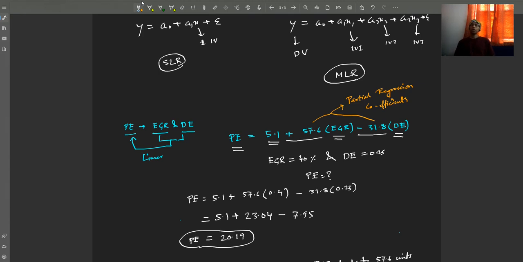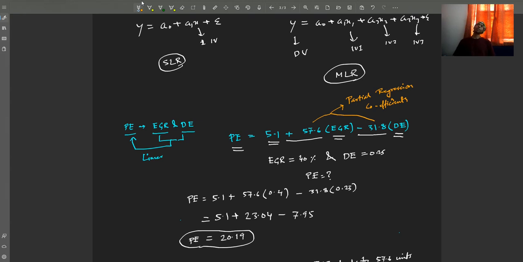Because for PE to be explained by any one of them, the other one needs to be kept constant. So for PE to be explained by EGR, we have to keep DE constant. For PE to be explained by DE, we need to keep EGR constant. When you want to explain PE with any one of them, we have to make the other one constant.